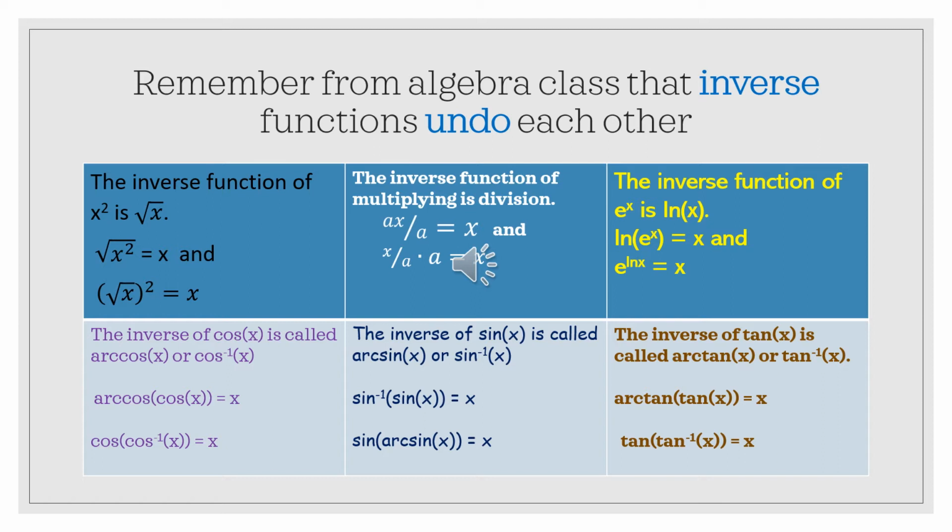I will just interchange them. Sometimes I will use one, sometimes I will use the other. And once again, the idea is that inverse functions undo each other. So arc cosine of cosine of x is x. Inverse sine of sine of x is x. Arc tangent of tangent of x is x.